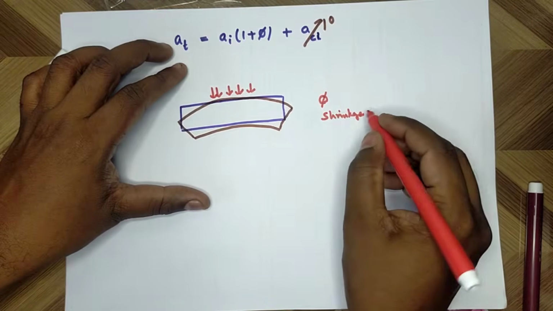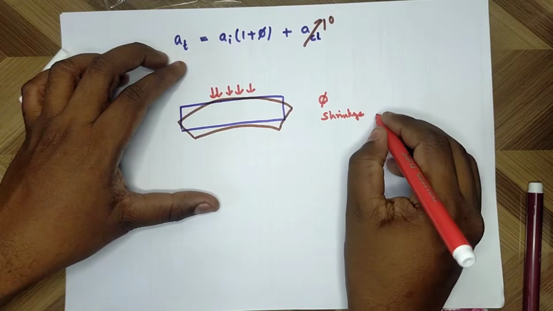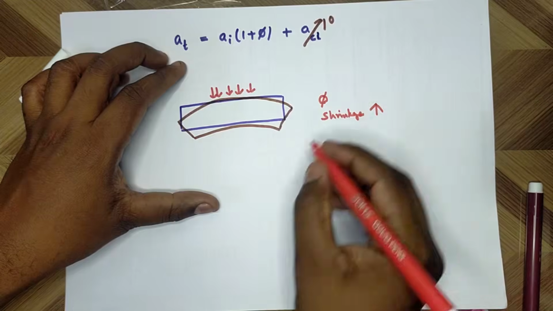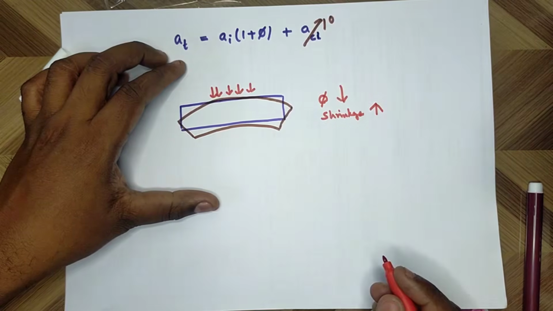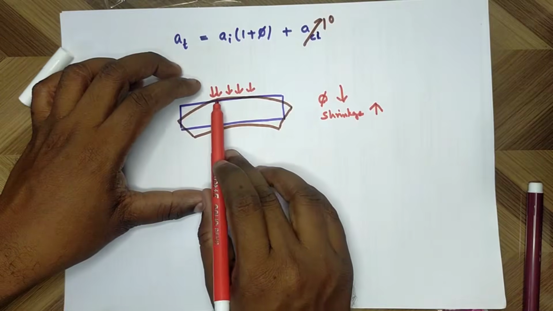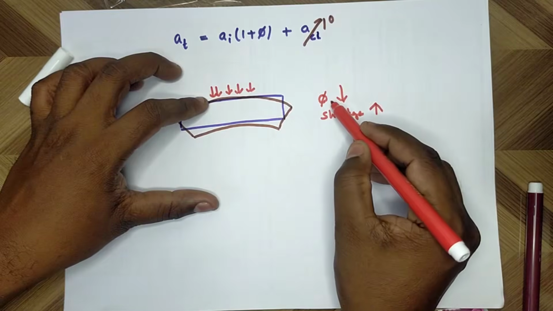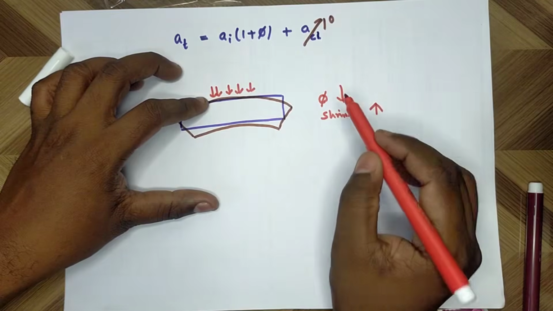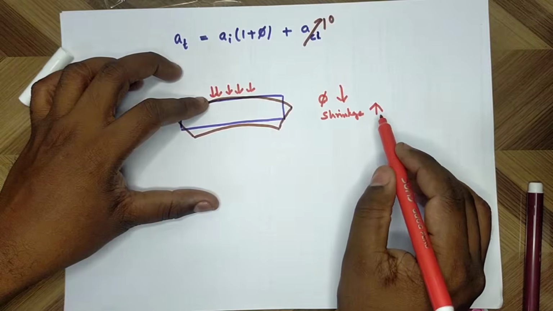This shrinkage will increase the camber, but creep and load decrease the camber. Deflection due to live load is downwards, deflection due to creep is downwards, and deflection due to shrinkage is upwards.